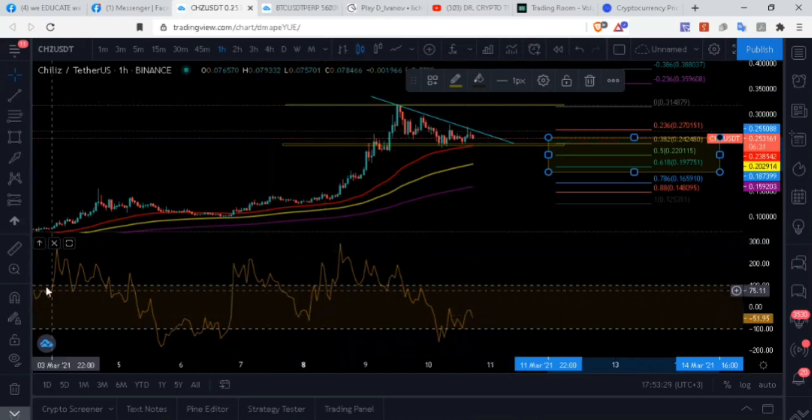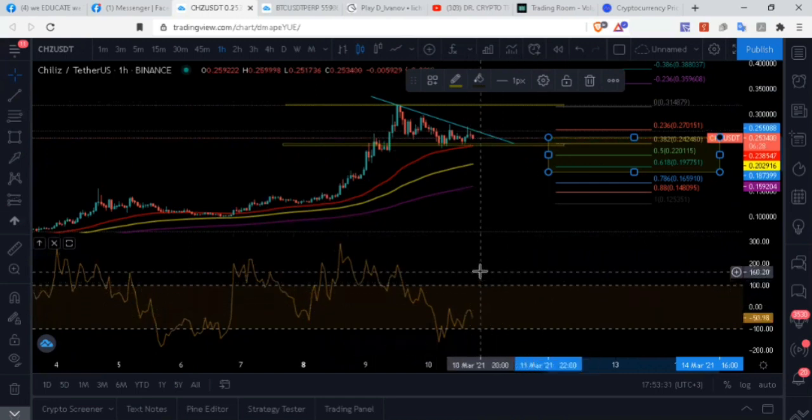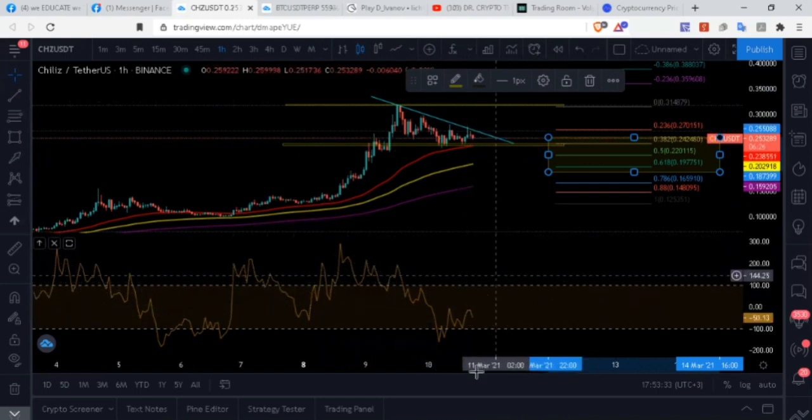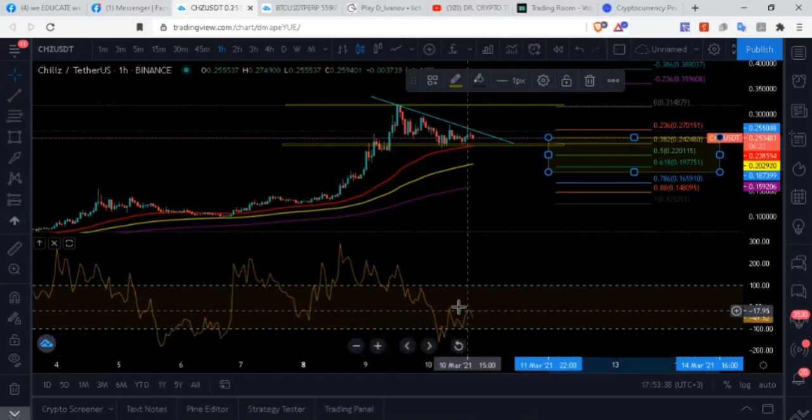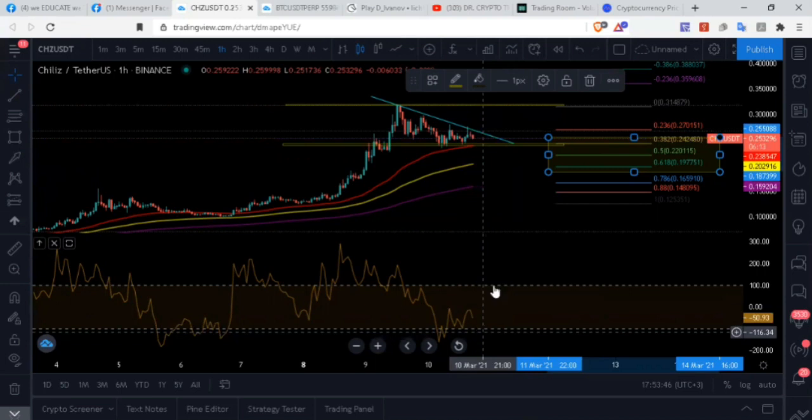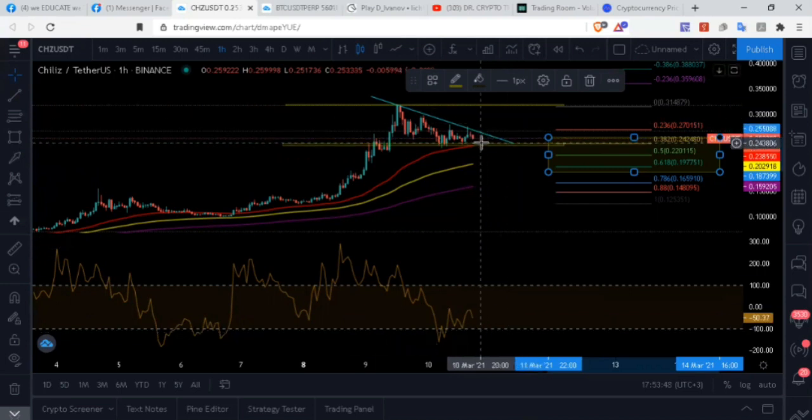So you already know that here is the overbought area, and the downside is oversold. So we will wait here as our additional confluence for additional confirmation. The price will go oversold, and the price will respect this area at 0.382. So that's a confluence. This is already a confluence.